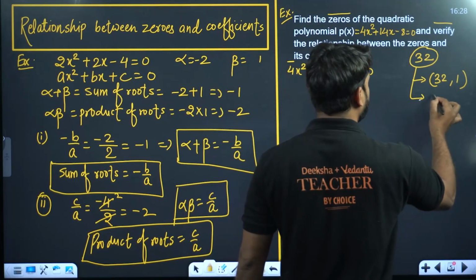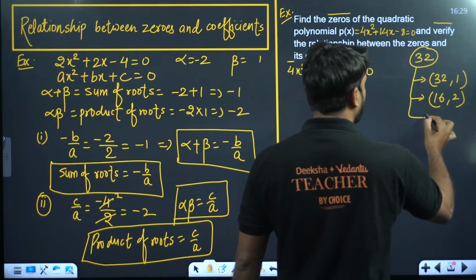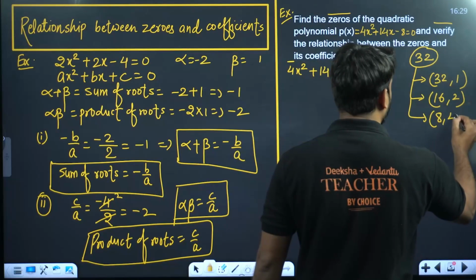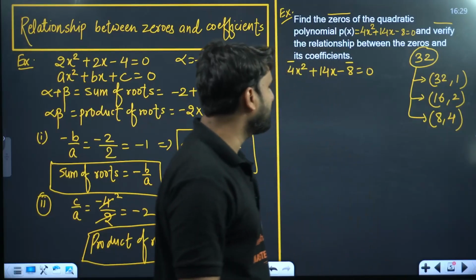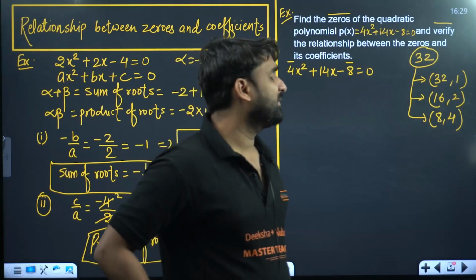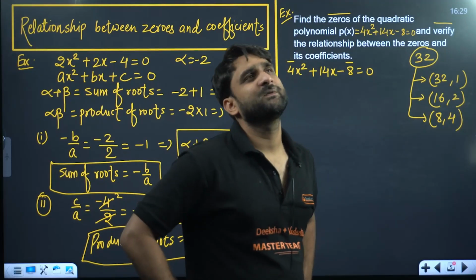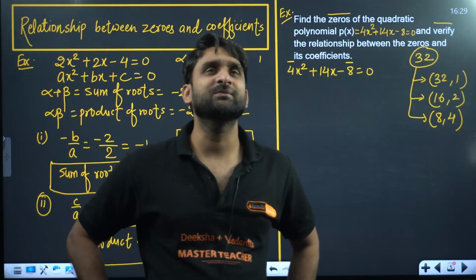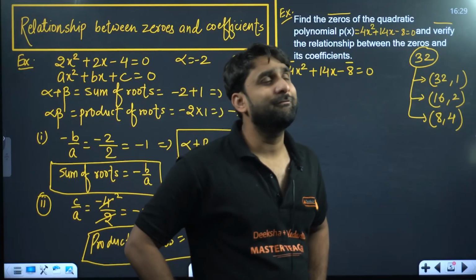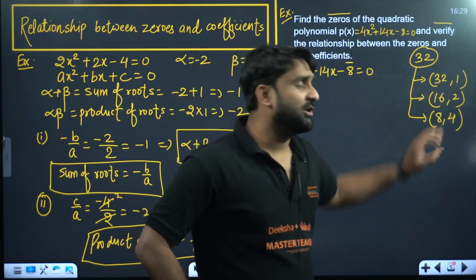The second possible pair is 16 comma 2. The third possible pair is 8 comma 4. I think there are no more possible pairs. Please remember once again: 32 and 1, 16 and 2, and 8 and 4. There is no more, because 32 comes up in the table of 2, of 4, of 8, and of 32 itself. Okay, so these are three possible pairs.